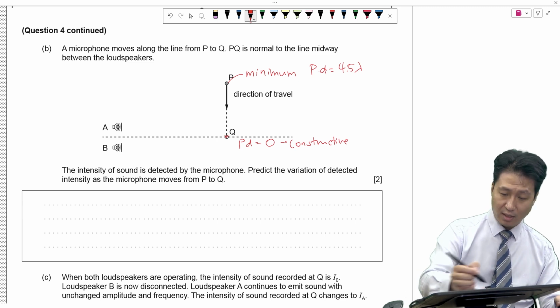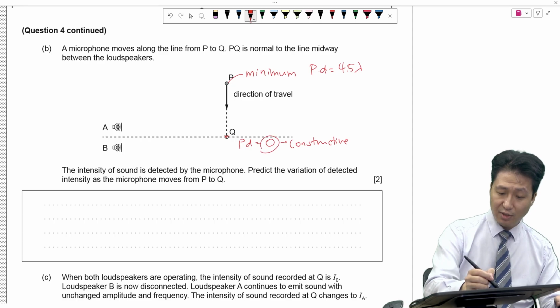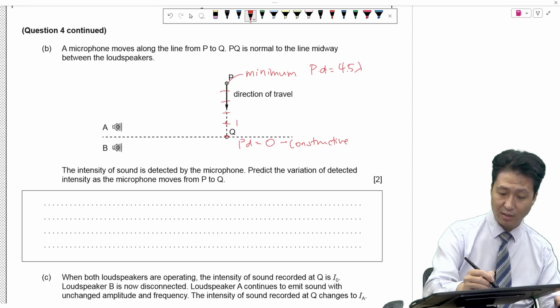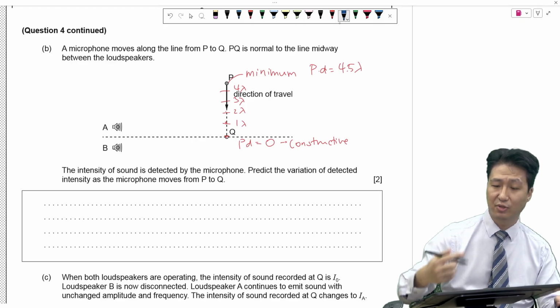So every time the path difference is an integer multiple, you have constructive interference. So there are these 4 points, where you will have 1 lambda path difference, 2 lambda, 3 lambda, and 4 lambda path difference. You have 4 points of constructive interference.